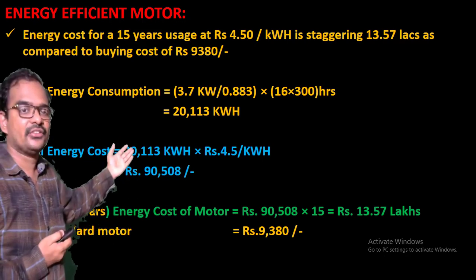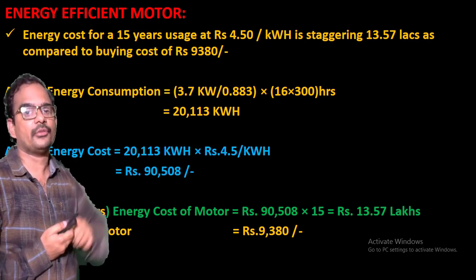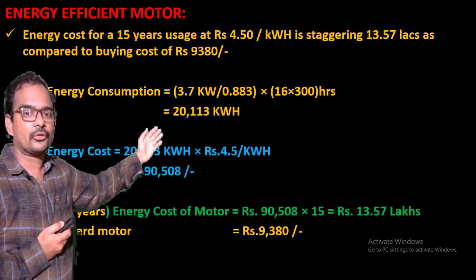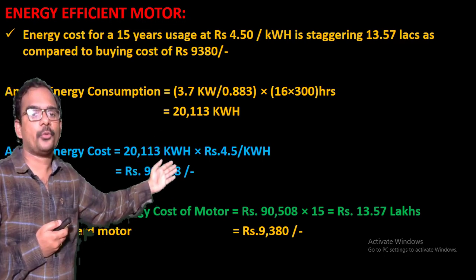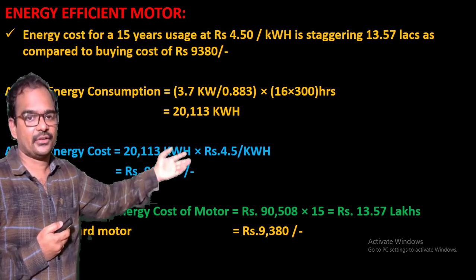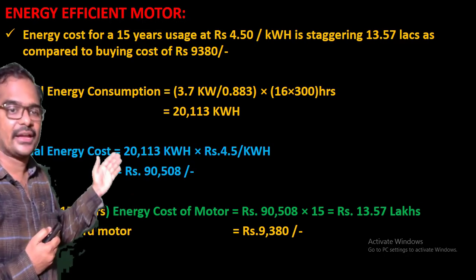The annual energy consumption will be the power input multiplied by the operating hours of the motor. The power input we get by dividing the mechanical power output by the efficiency. That is 3.7 kilowatt by 0.883, which is 4.16 kilowatt, into 16 hours per day for 300 days. And you will get 20,133 kilowatt hours. And what is the cost of the energy consumption?